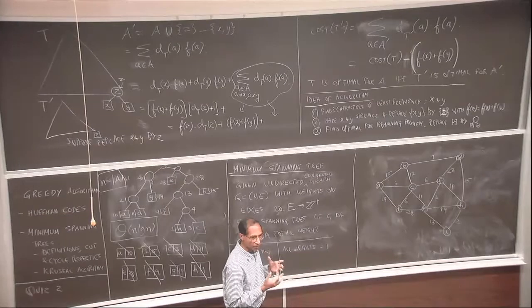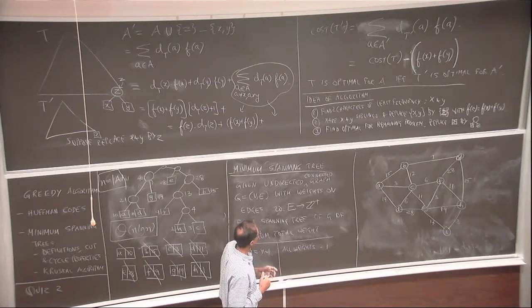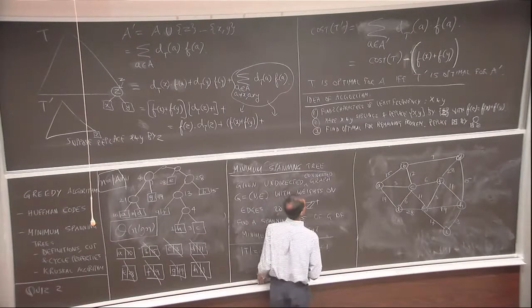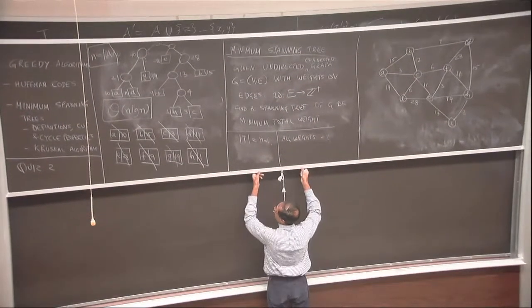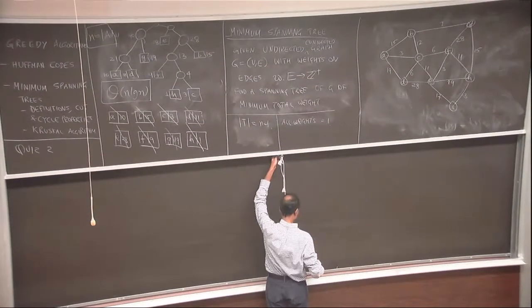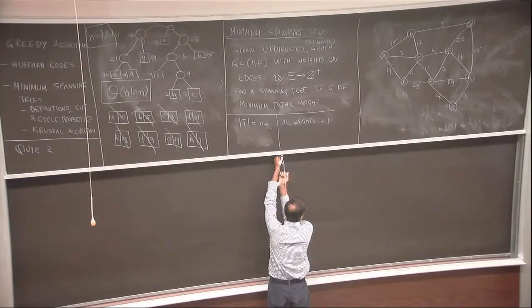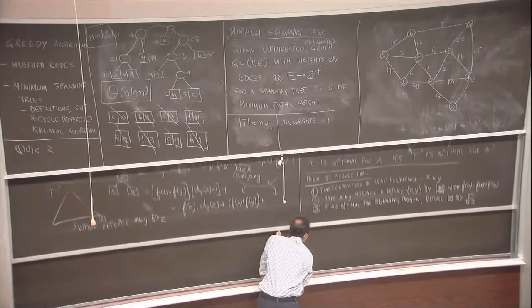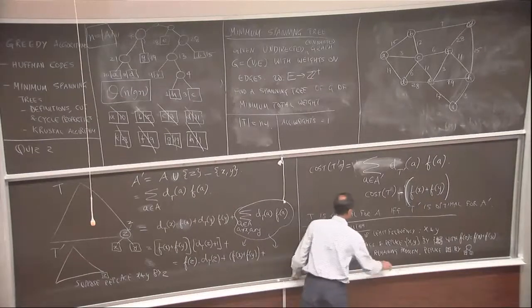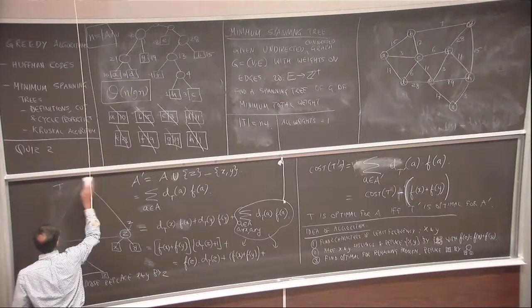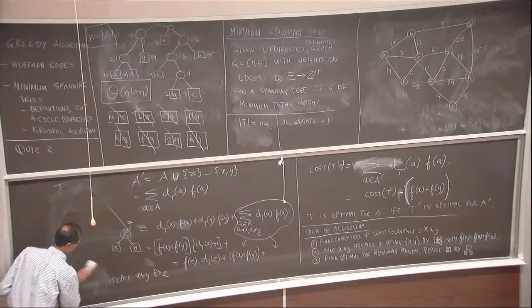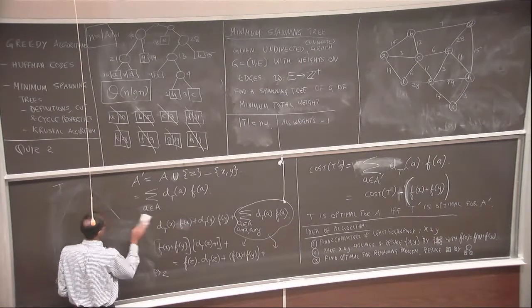So before trying to come up with an algorithm for it, let's just try to understand what properties we can try to establish. There are two things that keep coming up, and they will keep coming up again and again as we study more and more graph properties. One is the notion of cycles. A minimum spanning tree does not have cycles.